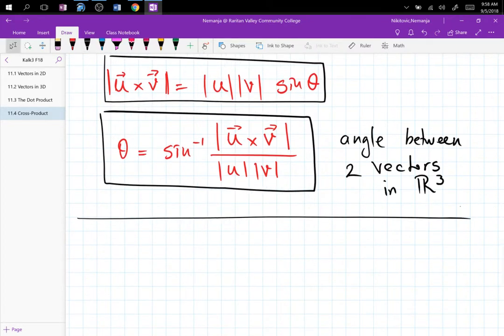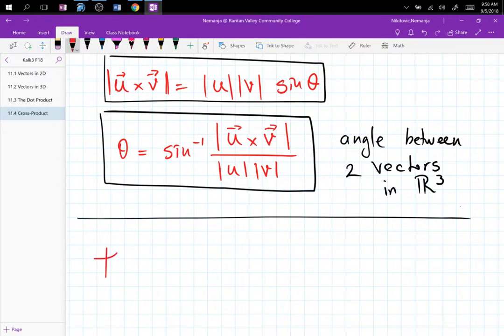So now we're going to have also the cool theorem, which says that if the cross product is 0, vectors are parallel. So, no, let's go this way.